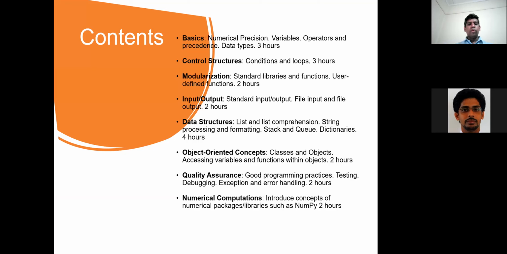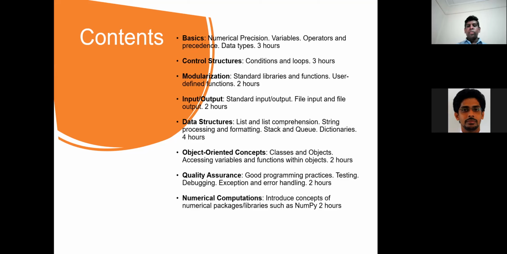Then we will also focus on input and output, again an important area where you can read and write data. This will be useful at a later stage when we talk about how Python is used in data analytics. I am going to briefly talk about that at the very end. Then we will look at data structures, how lists, for example, arrays, if you have learned them in other programming languages, are handled in Python.